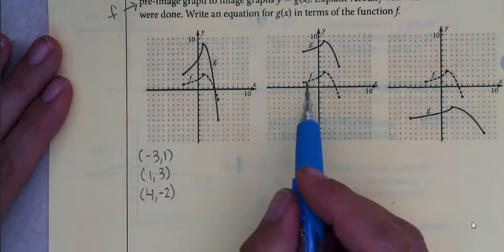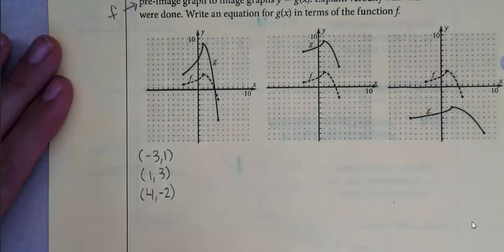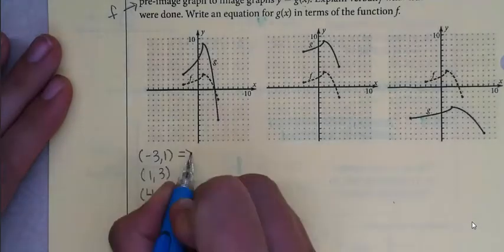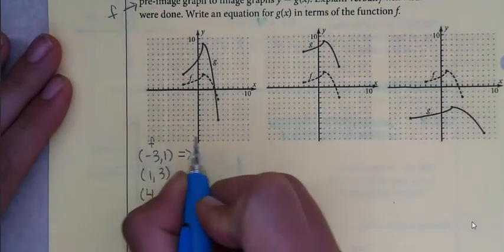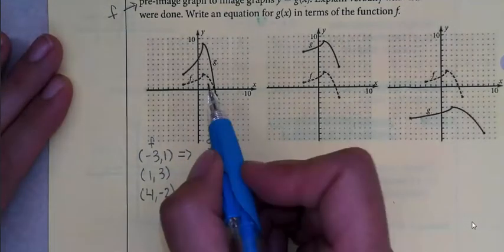Now that's going to be the same, so f is the exact same graph. The pre-image graph is the same for each and every one of these. Then I'm going to write down the points of the transformed graph, g.